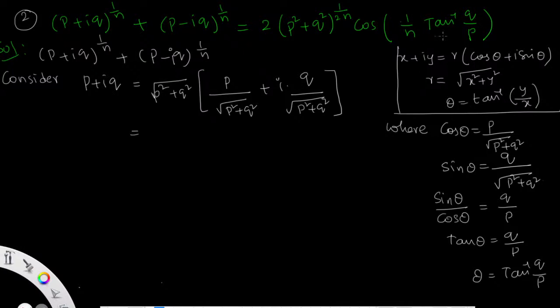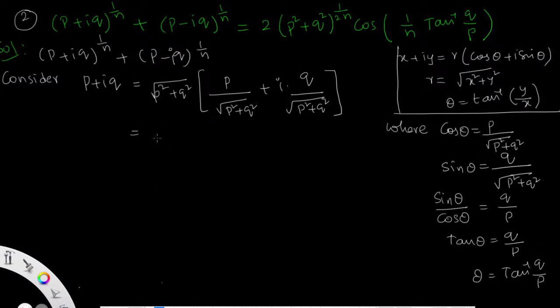The answer is in the form of tan inverse of q by p. That is why I am writing here cos theta and sin theta. In terms of tan we can write sin by cos, the denominator gets cancelled, then you get q by p. Tan theta equal to q by p means theta equal to tan inverse of q by p.